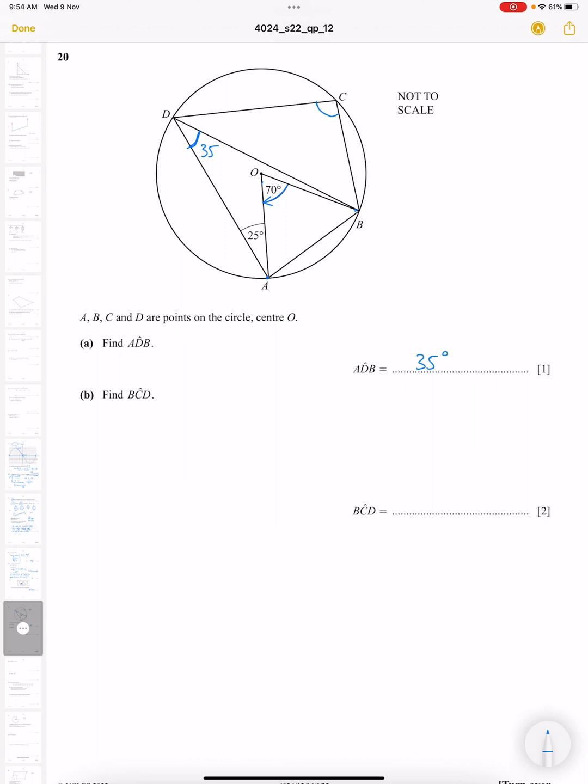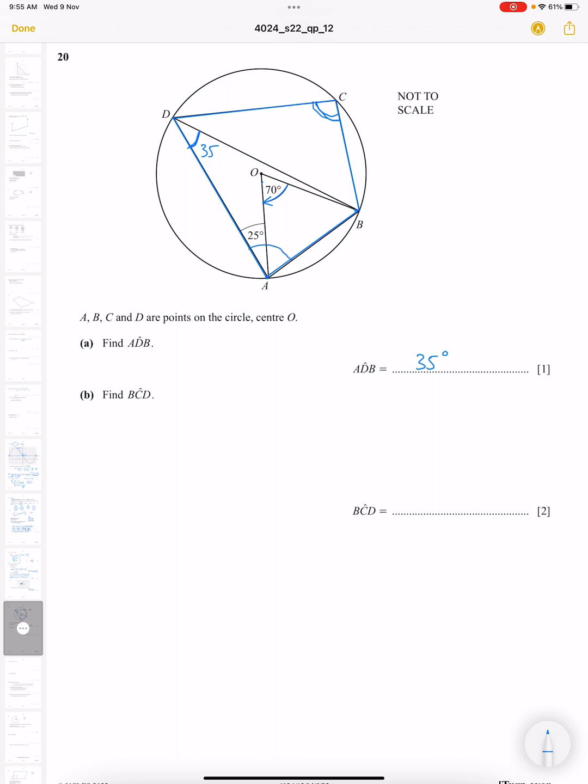Now if we look at this whole shape, we can see a cyclic quadrilateral here which goes from A to B, then B to C, C to D, and then D to A. That's the cyclic quadrilateral. The angle opposite to this angle C is basically this one.